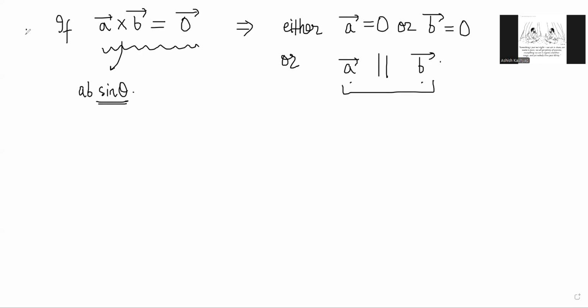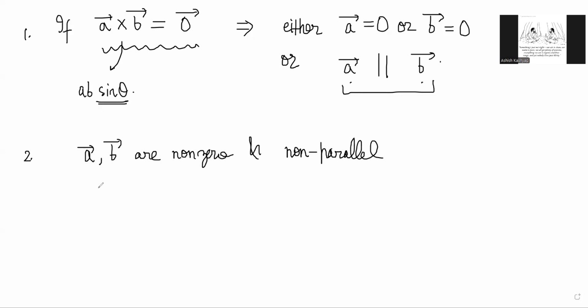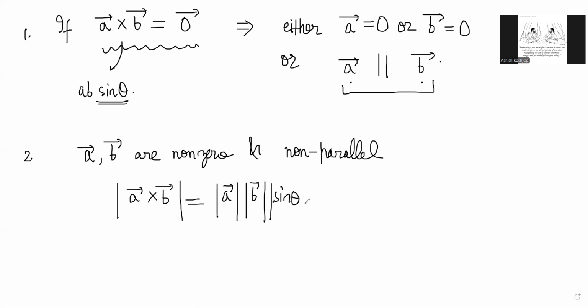Also, the second point that we can say from here is that if A and B are non-zero and also non-parallel, then we can conclude that the modulus of A cross B, which will be equal to mod of A mod of B sine theta's modulus, is clearly less than equal to mod of A times mod of B, right?